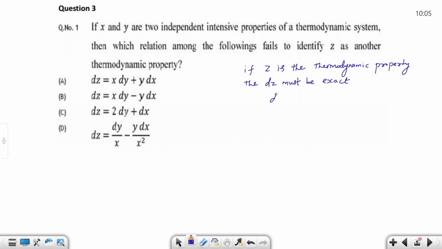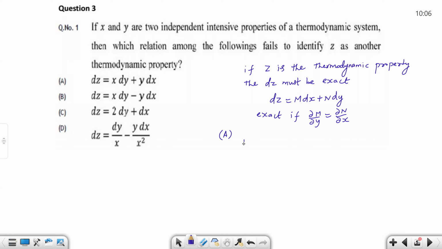So we know that dZ equal to M dx plus N dy is exact if dou M by dou y equal to dou N by dou x. If this condition is satisfied, then it is exact.